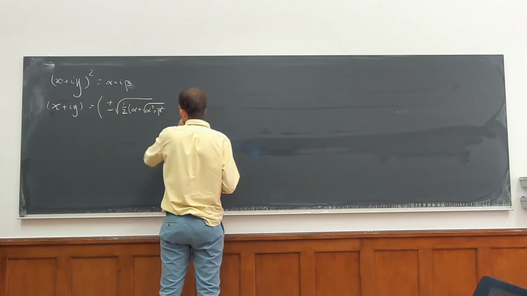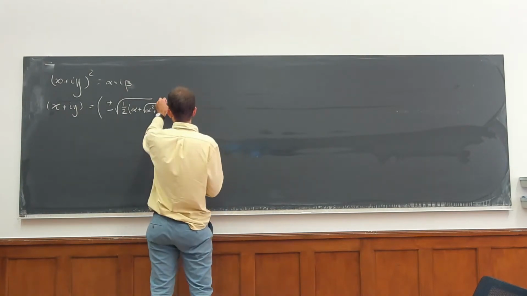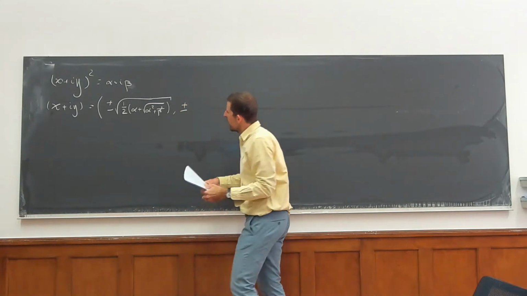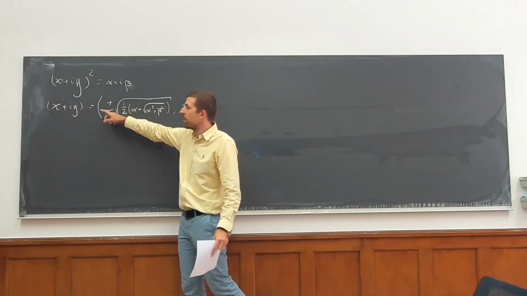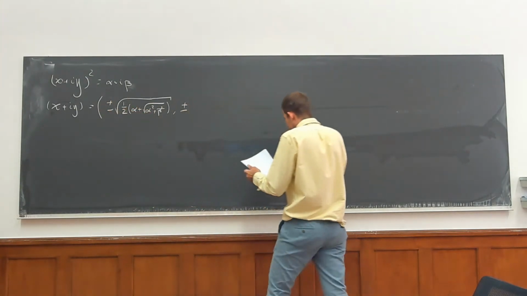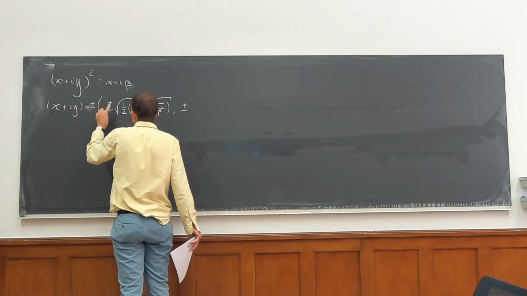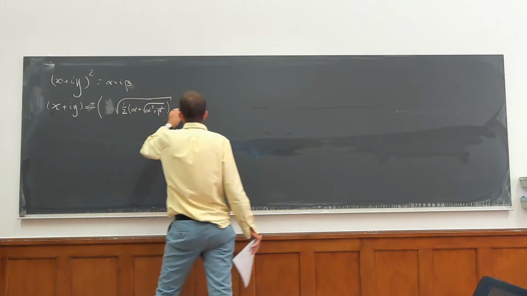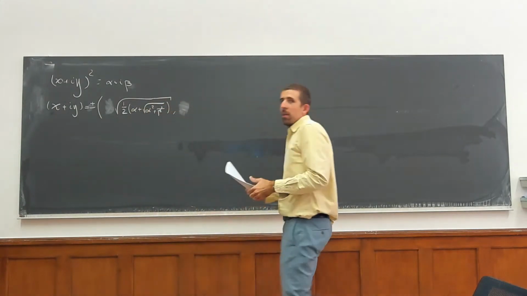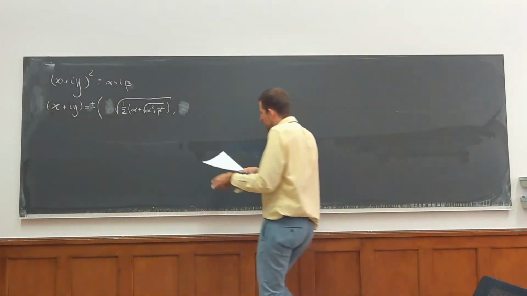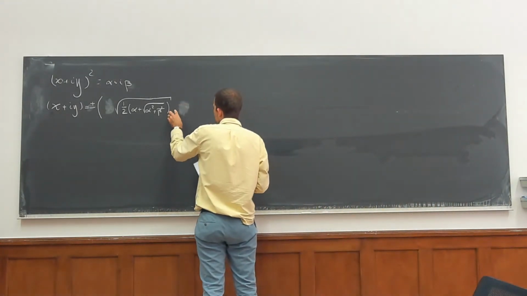There's nothing mysterious about it. The only thing is that now you have to pick the same sign. If you go plus here, you need to go plus there. So maybe I should move the plus or minus up here to make it more clear that that's the case. You were going to pick the same sign depending on the sign of beta.